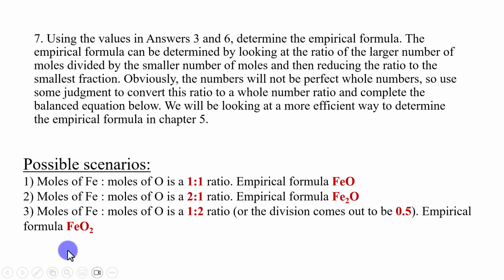And the empirical formula then becomes FeO2, because then I have twice as many oxygens as I do irons. So those are your 3 different scenarios that we're going to use to determine the empirical formula of the compound that is formed when we burn or oxidize steel wool in air.